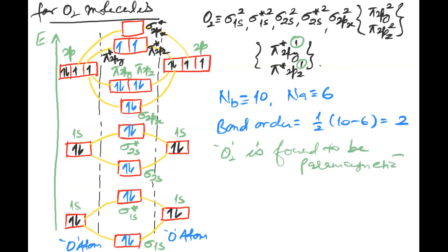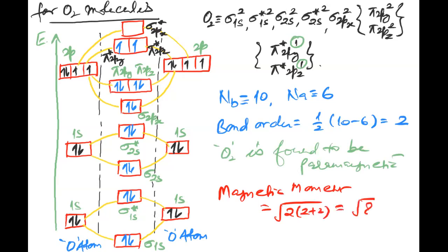Overall, for its magnetic moment, as we have 2 unpaired electrons, it is root of n into n plus 2, so 2 into 2 plus 2 comes out to be root 8 Bohr magneton. So the magnetic moment of O2 is root 8 Bohr magneton. O2 is paramagnetic in nature.